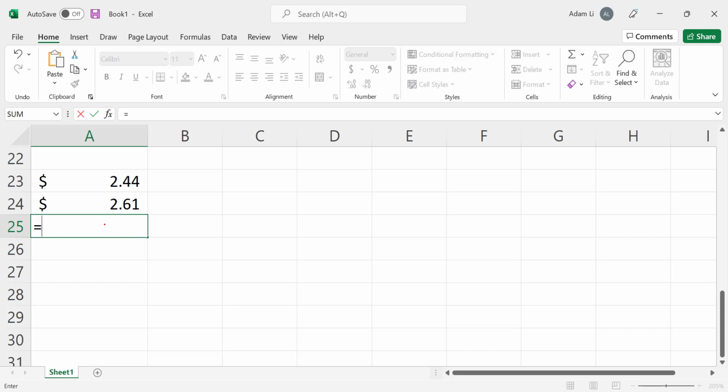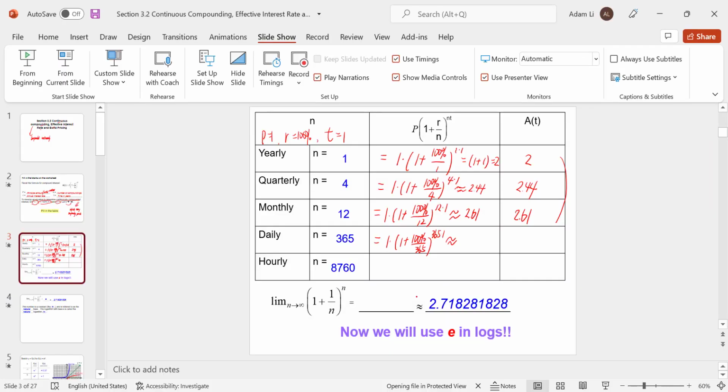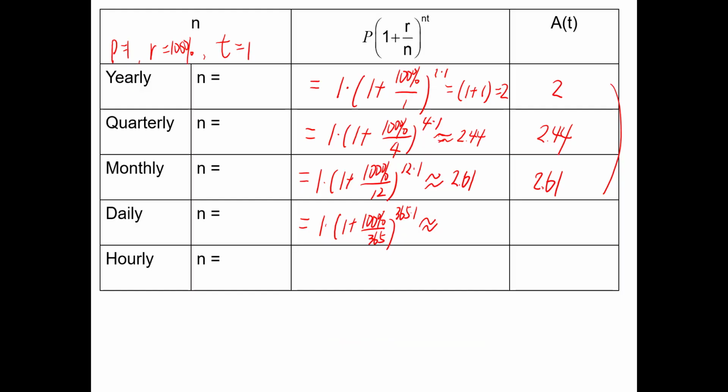So this is equal to 1 plus 100% over 365, raised to the 365th power. And this turned out to be 2.71 units, $2.71 if you want to put in a dollar amount. Again, it proves the trend, right? As the number of compounding periods increases, ending balance increases.